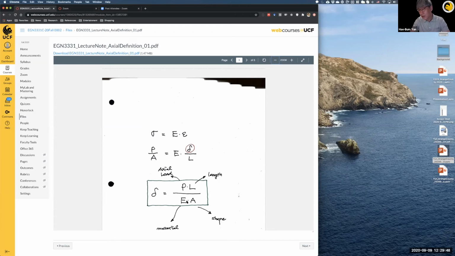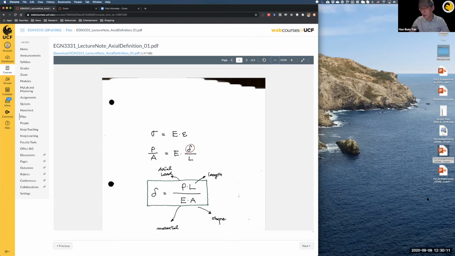George asked, what does the little e stand for again? This one? Epsilon? Yes, this is epsilon. Epsilon is, again, from chapter 2, strain, right? And by shape, you mean the cross-section, right?